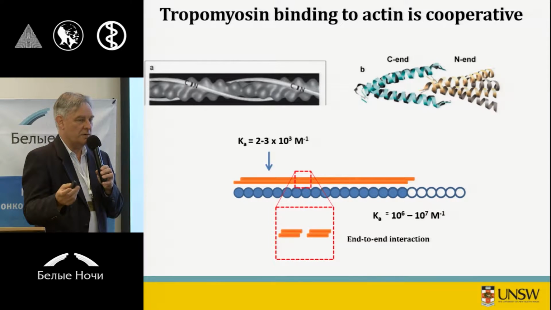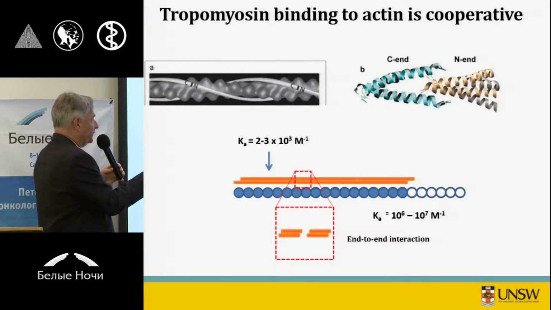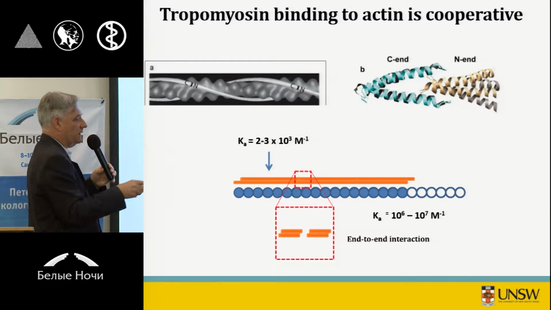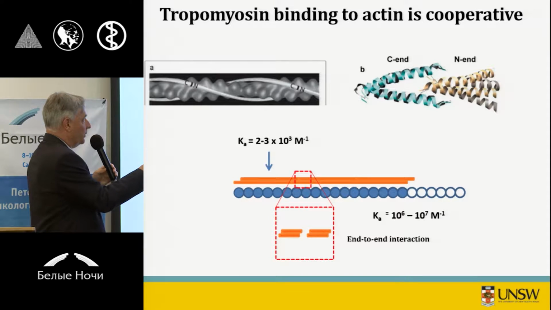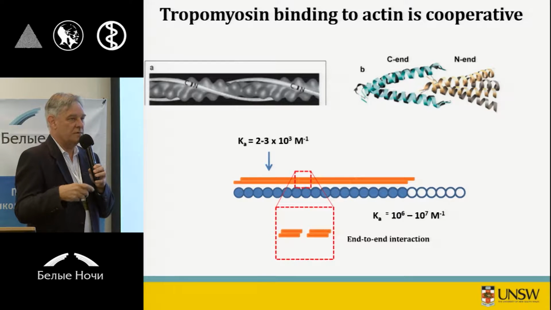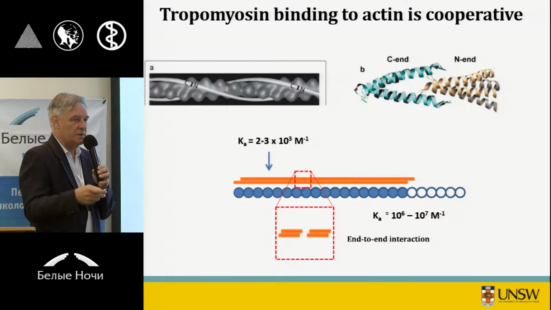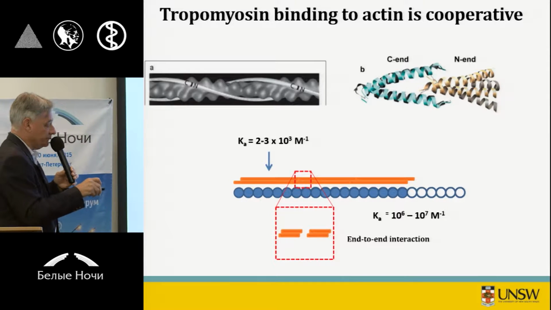So we ran 25,000 different chemicals in a computer against a model of this structure, and we identified candidate molecules that could bind to this C-terminus. We then tested, using protein chemistry, the ability of the candidate drugs to bind to the tropomyosin.